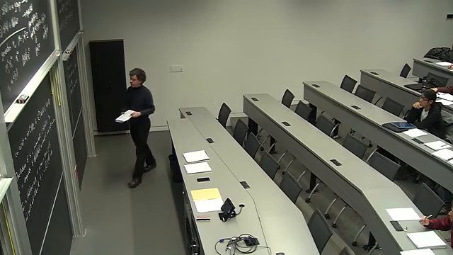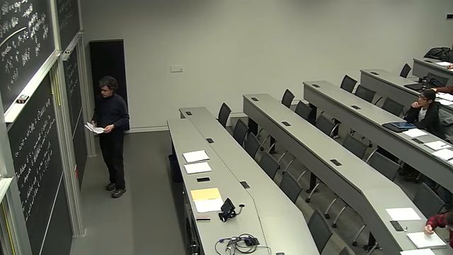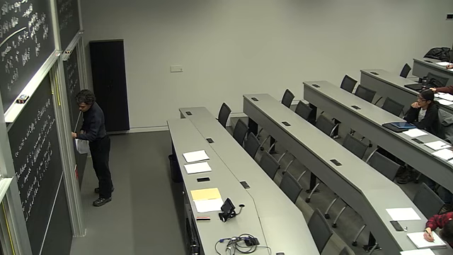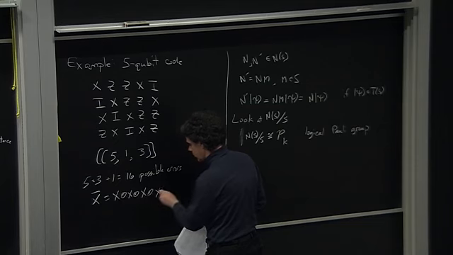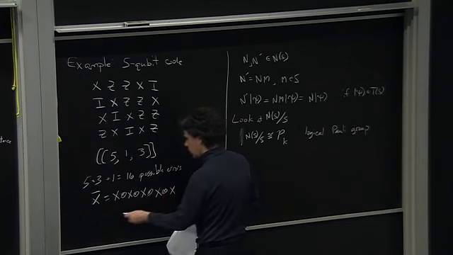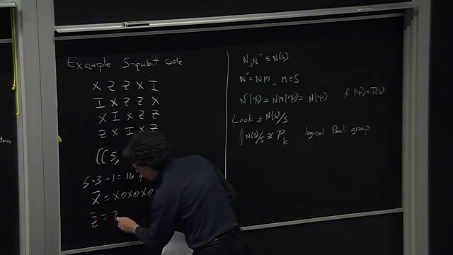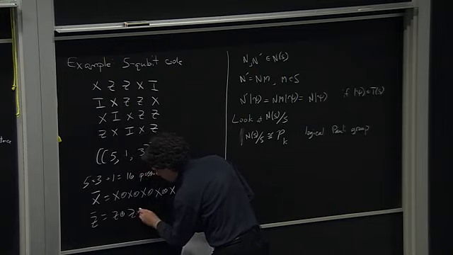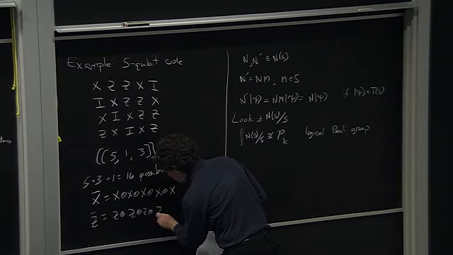So for the 5-qubit code, frequently we choose the logical X to be the coset represented by the tensor product of 5 X's, and the logical Z to be Z, Z, Z, Z, Z on 5 qubits.